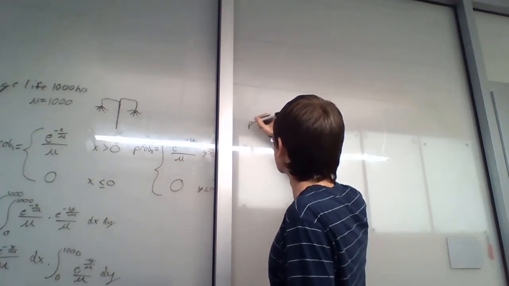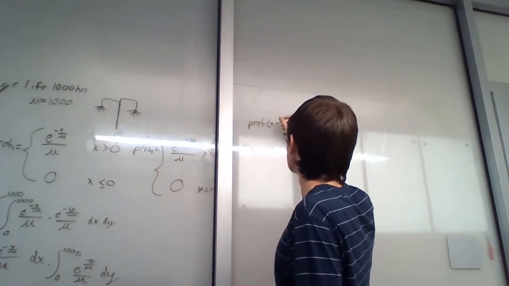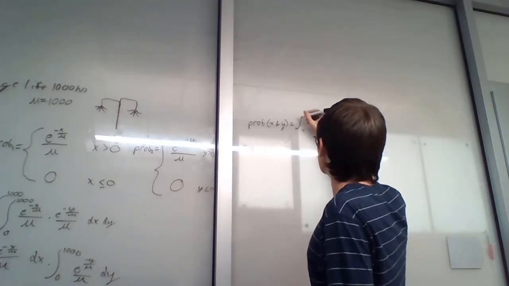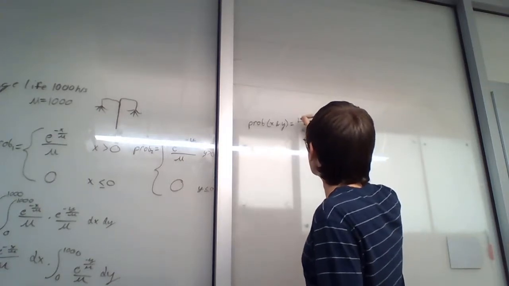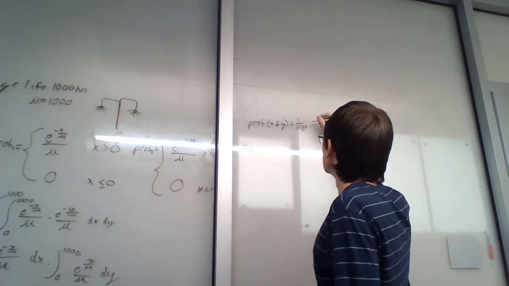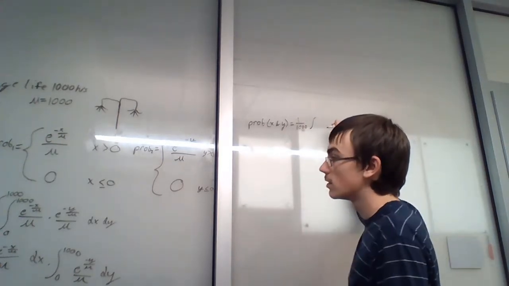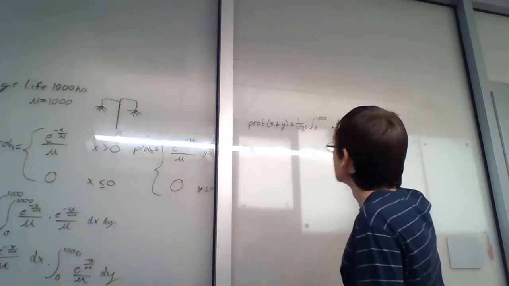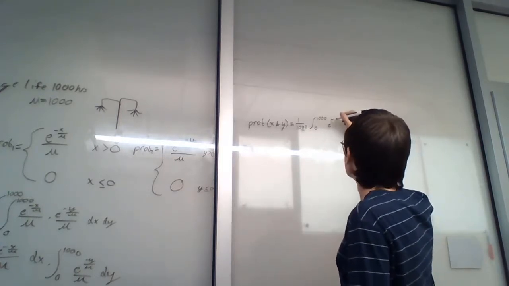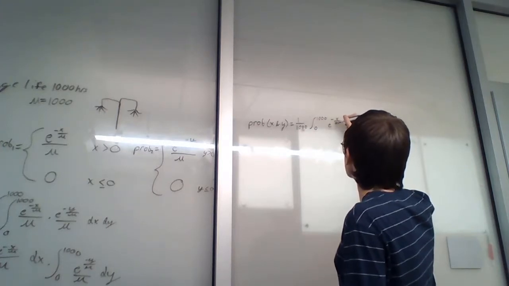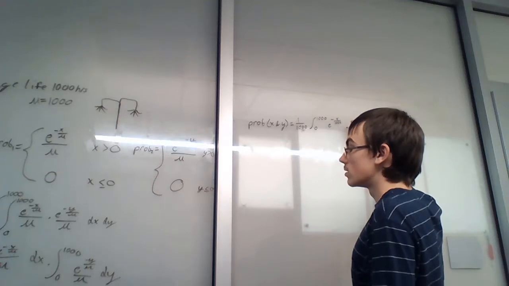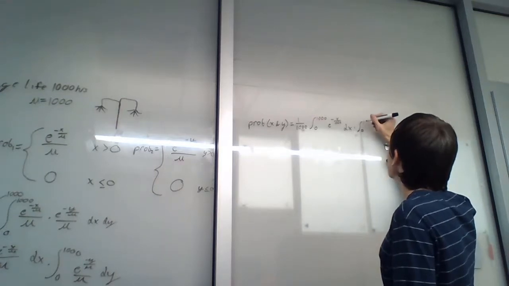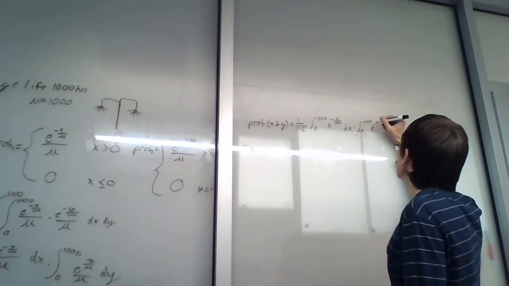Probability of x and y is equal to 1 over 1,000 times the integral from 0 to 1,000 e to the negative x over 1,000 dx times 0 to 1,000 e to the negative y over 1,000 dy.